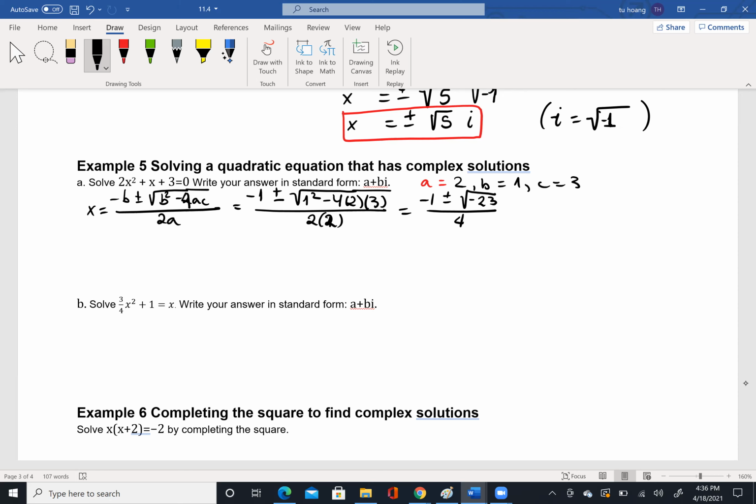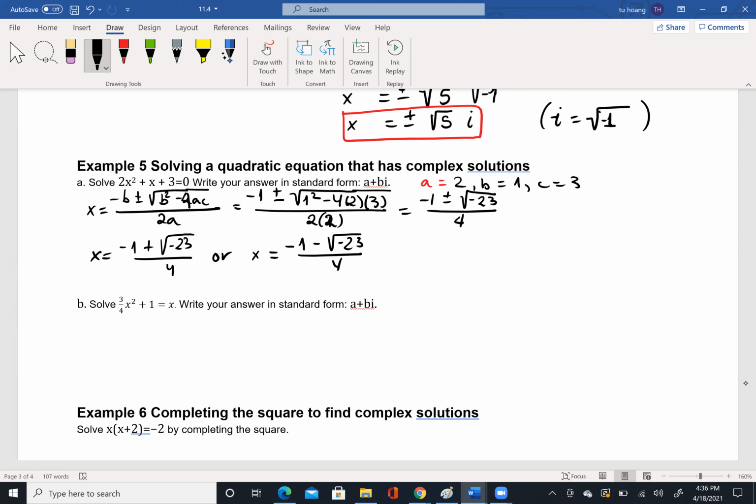I can split it into two parts. x equals negative 1 plus the square root of negative 23, divided by 4, or x equals negative 1 minus the square root of negative 23, divided by 4.